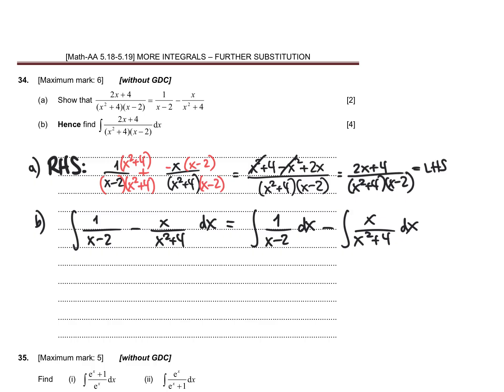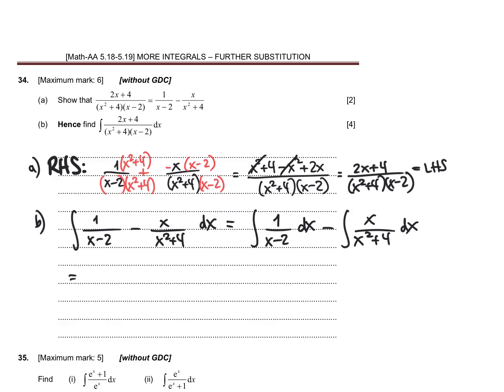But we can do substitution. You just get to a point where you have all these kind of tools that you can use. But some of them just don't work out. But substitution will work here.